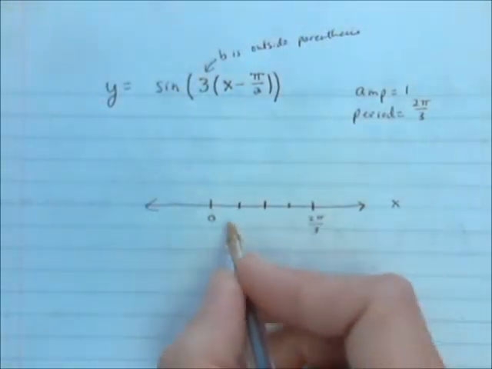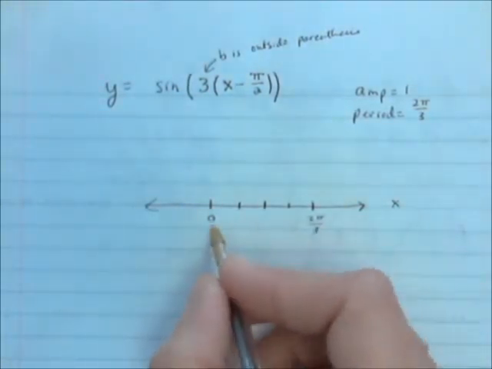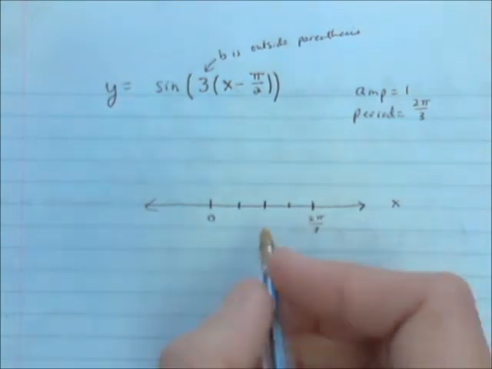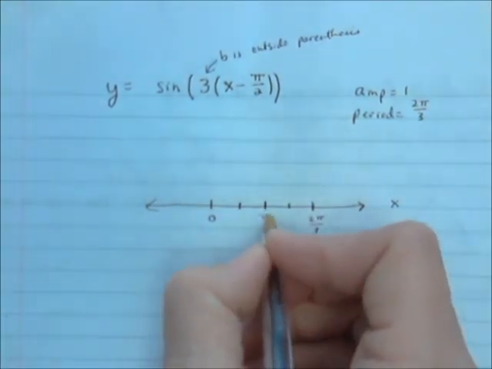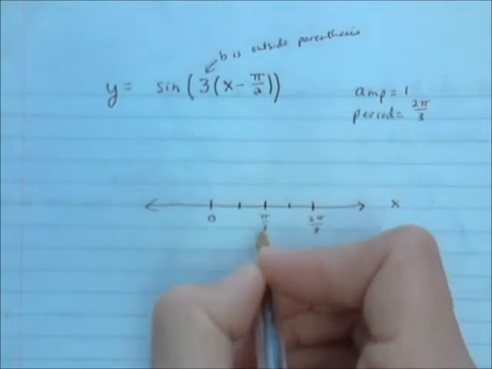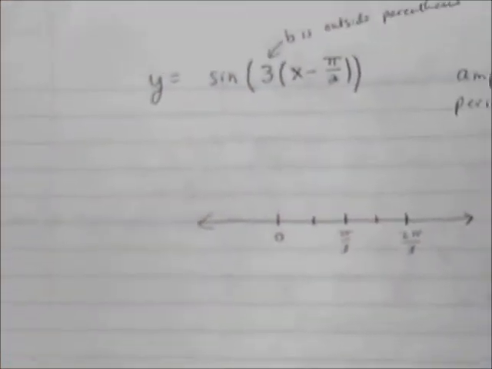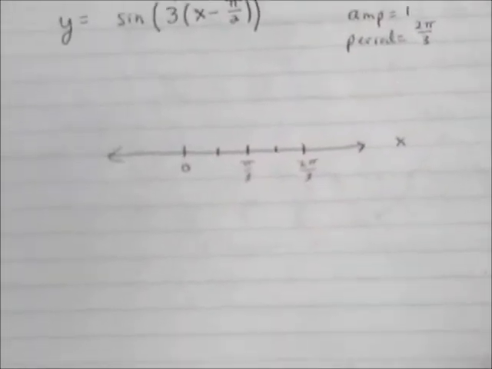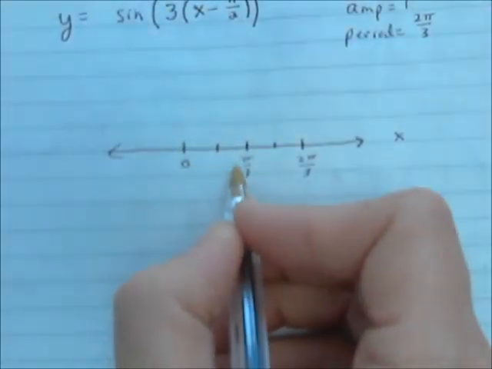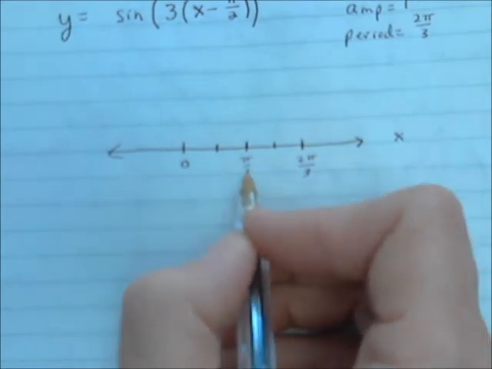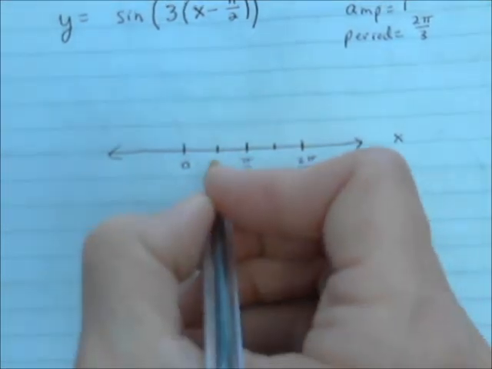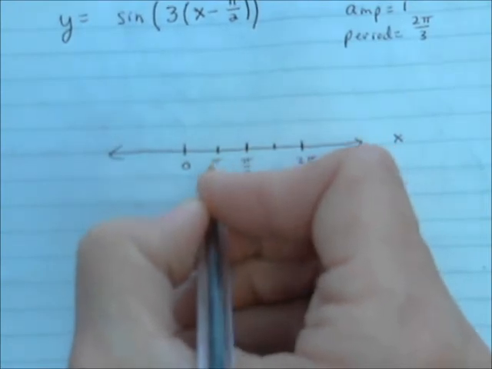Then I'm going to get half of this distance. Well, half of between 0 and 2 pi over 3 is 1 pi over 3. Zoom in a little bit on this. And then half the distance between 0 and pi over 3 is pi over 6. You can just divide that by 2, which is just multiplying by a half. So this is pi over 6.